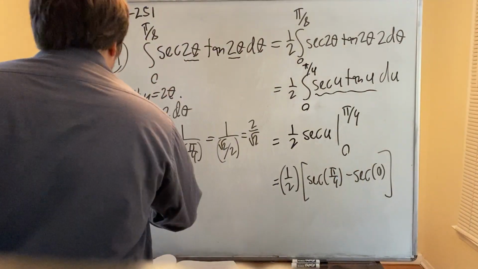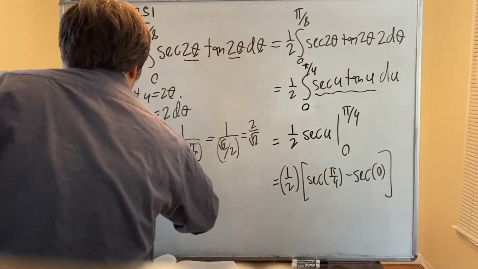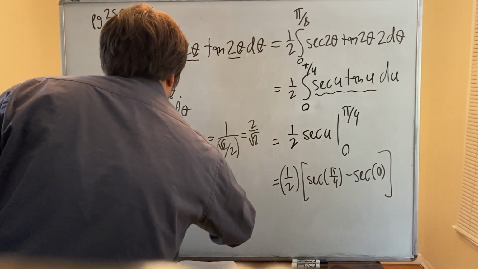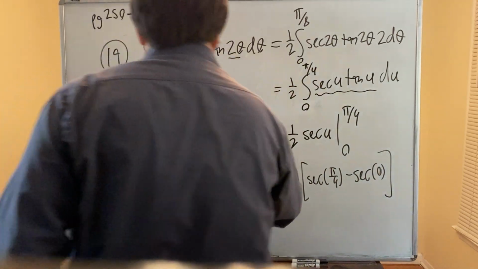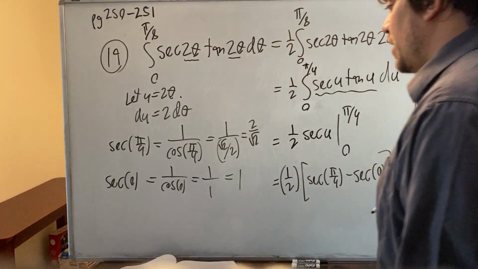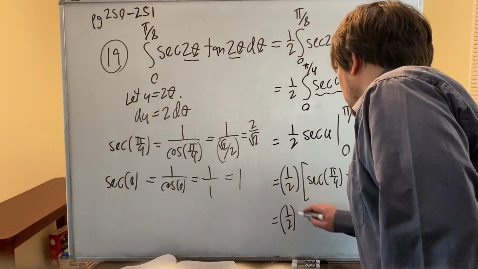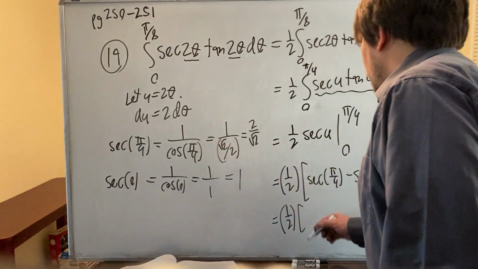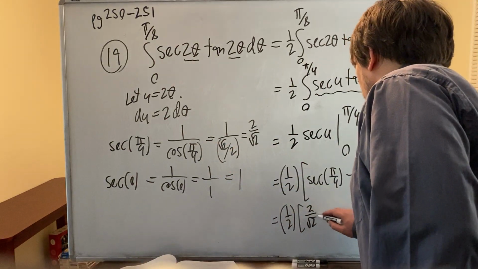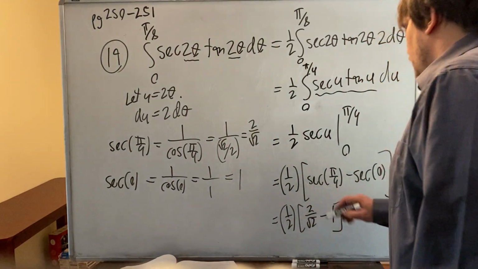And secant of 0 is 1 over cosine 0, which is 1 over 1, which is 1. So secant of 0 is 1. So that's equal to 1/2 times secant of pi over 4, which is 2 over root 2, minus 1.